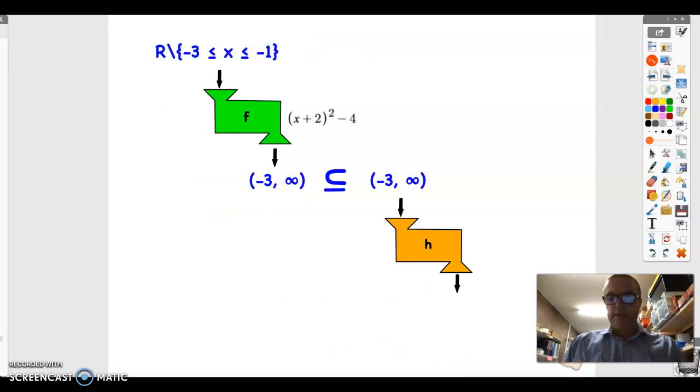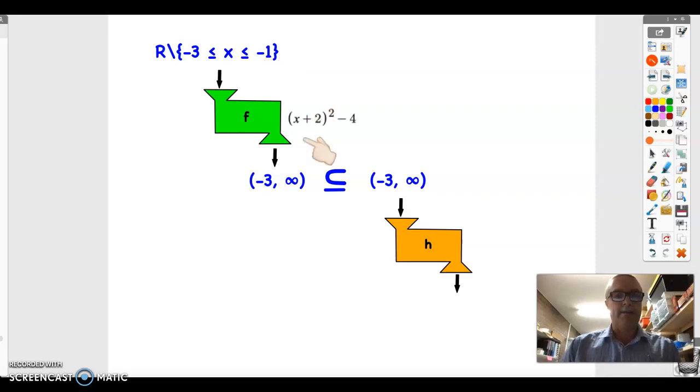So what does that achieve? What we can see is that instead of having all real numbers here for the domain of f, we've excluded the real numbers from -3 to -1.